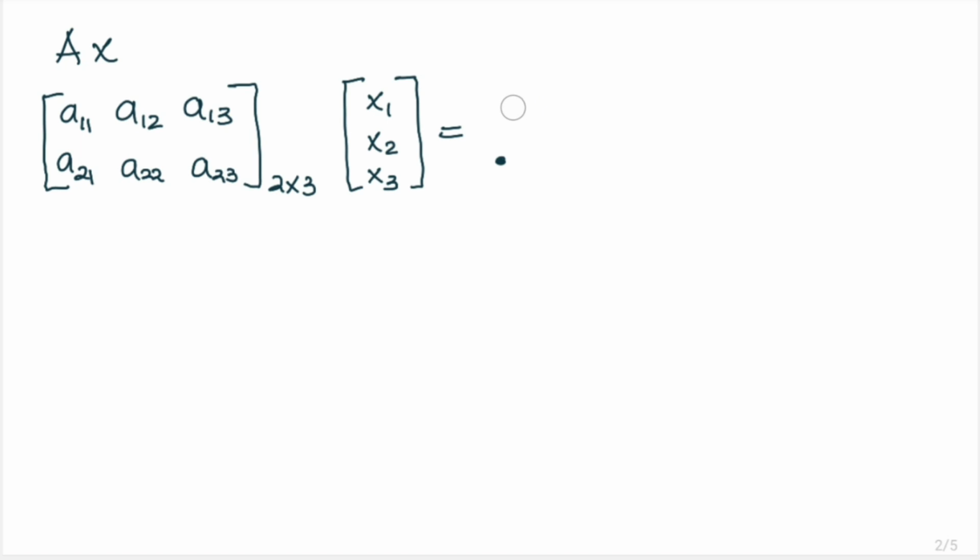So let's see. Using the idea of dot products, we take the first row of the matrix and multiply by the entirety of this vector. When we do that, we get A11 times x1 plus A12 times x2 plus A13 times x3.